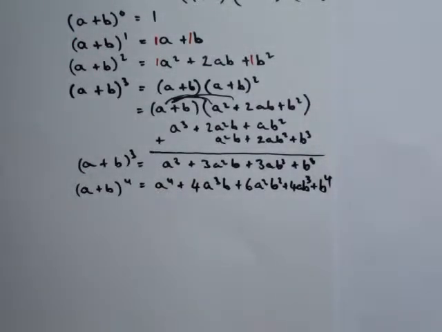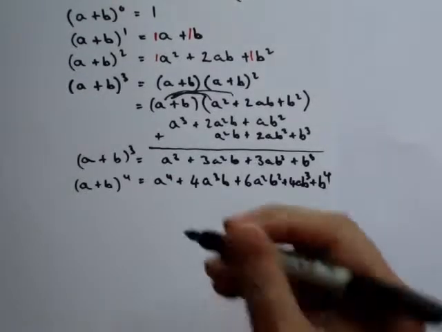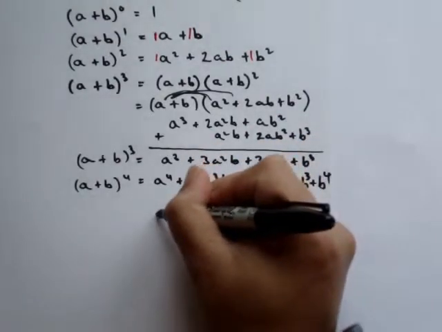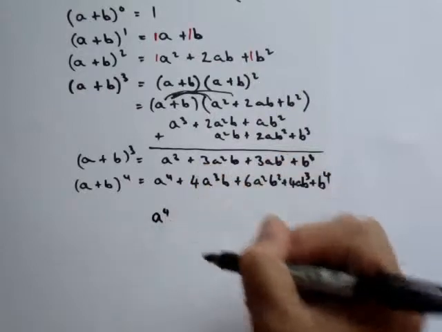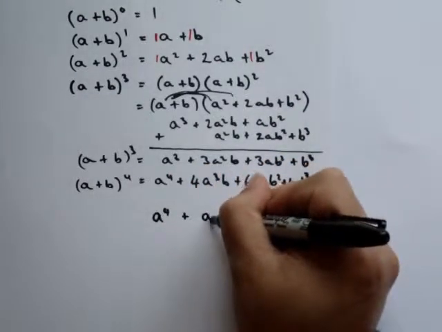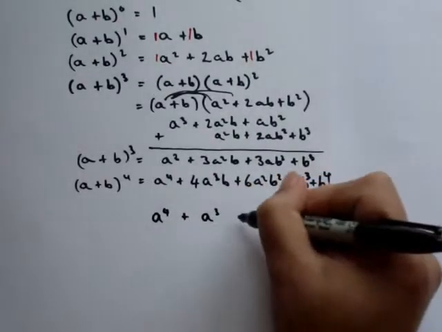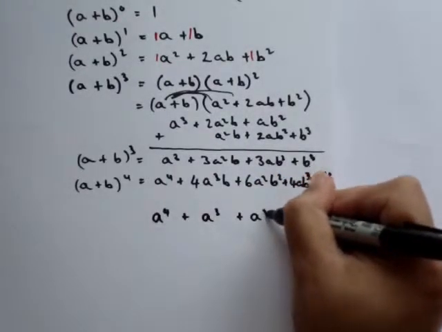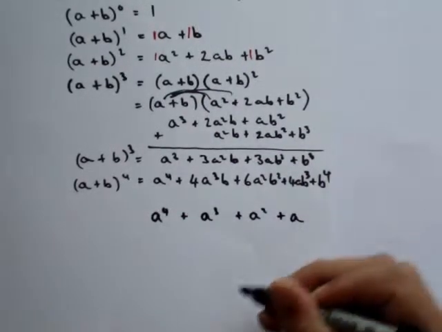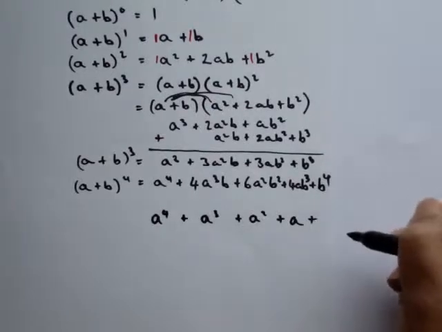So when we look at this, we see there's a little pattern going on, and if we have a closer look at the pattern, first of all, we've got the a as a 4, then we've got the a as a 3, then the a as a 2, then just the a, and then no a.